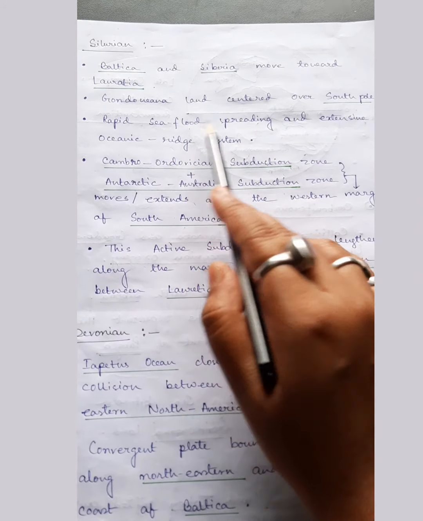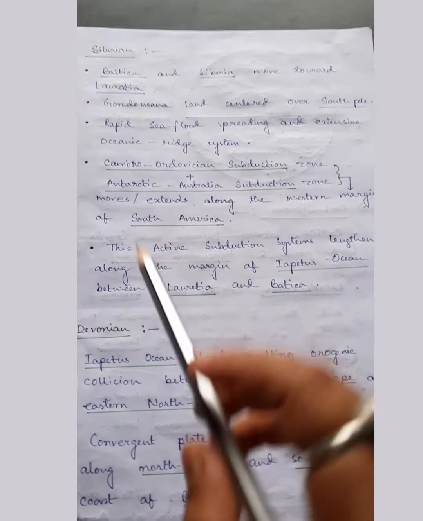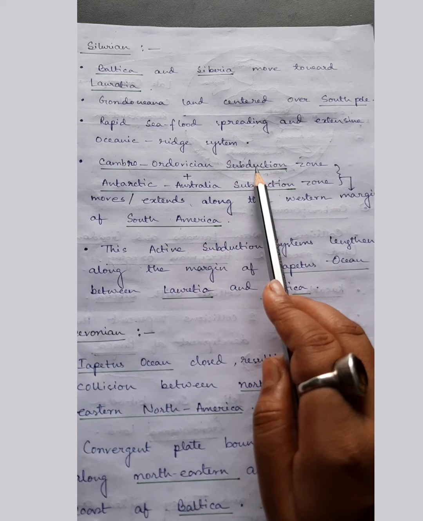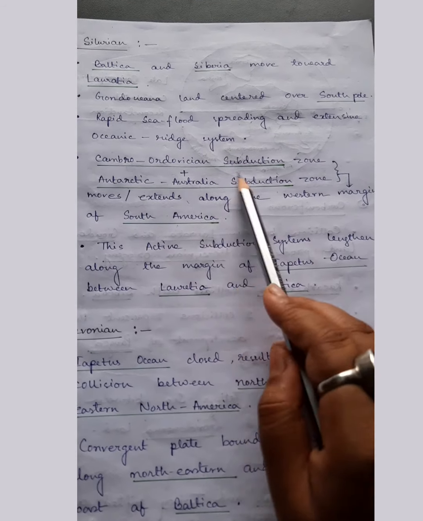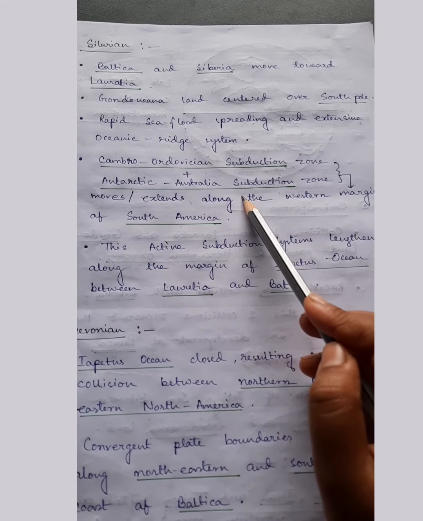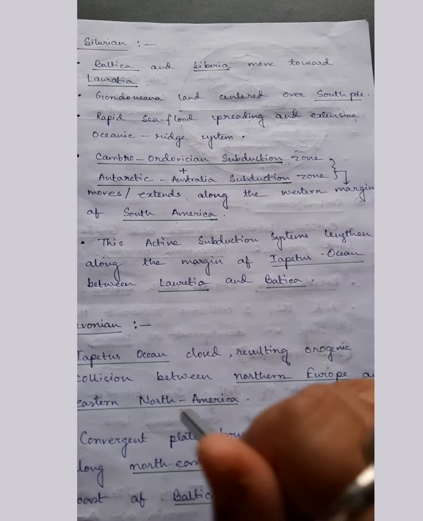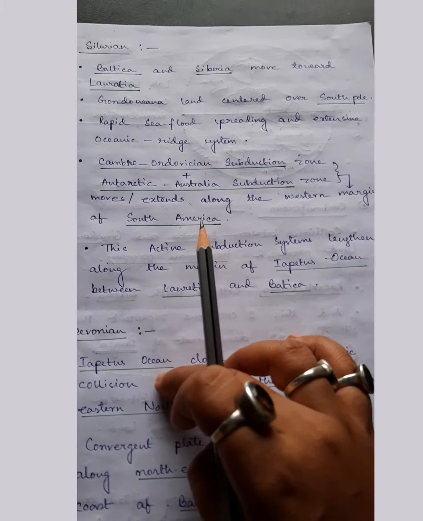At this time, seafloor spreading and an oceanic ridge system started to form, along with two subduction zones. One is the Cambro-Ordovician subduction zone and another was the Antarctica-Australia subduction zone. These both started to extend along the western margin of South America.